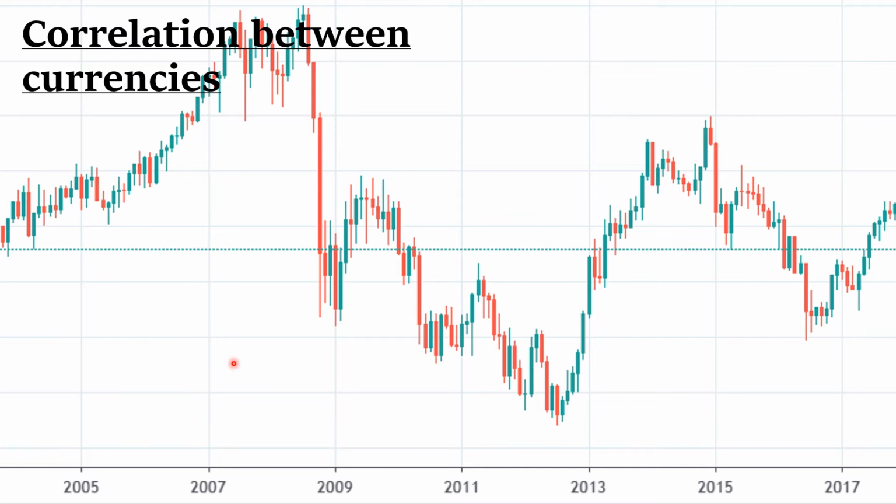As you can see, in 2008-2009, during the height of the market crash, the Japanese yen rose in value very, very quickly. Safe haven currencies are mostly positively correlated between each other, meaning the Japanese yen and the Swiss franc are positively correlated, and so is the US dollar. Safe haven currencies are inversely or negatively correlated to risky currencies.